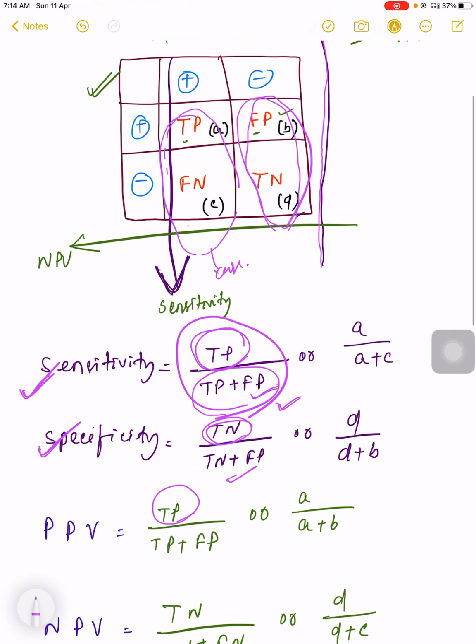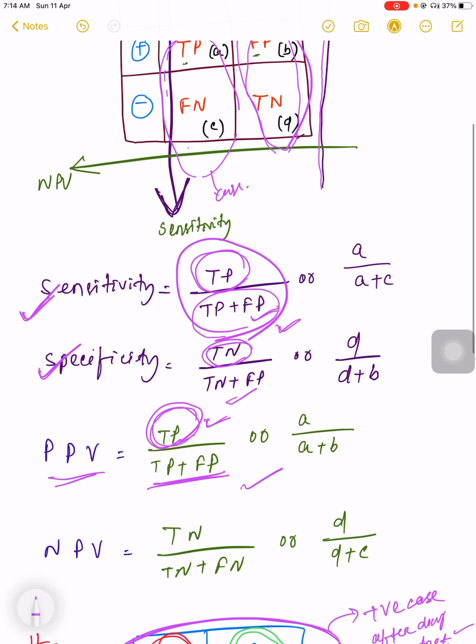Total number of true positive cases out of all the positive cases found by the diagnostic tests. This is called positive predictive value. And what is negative predictive value? Total number of true negative cases out of all cases which are found negative in the diagnostic test. This is called negative predictive value.